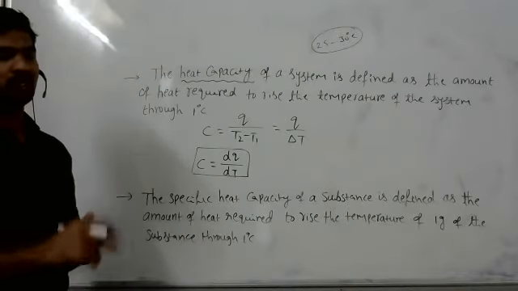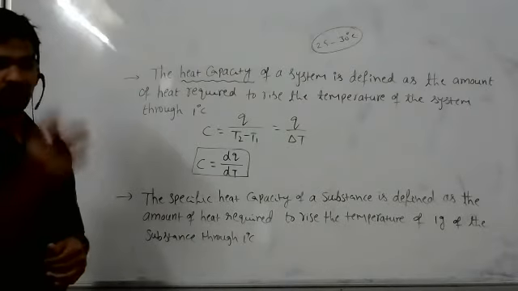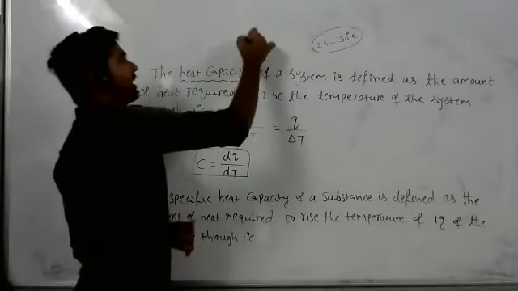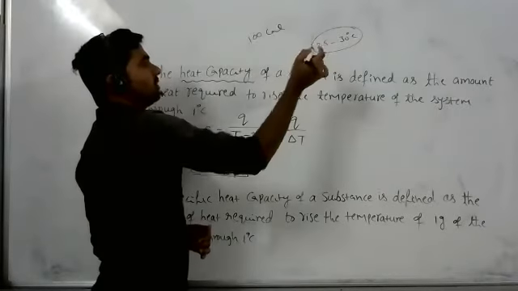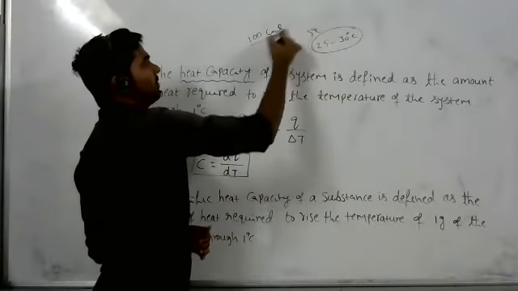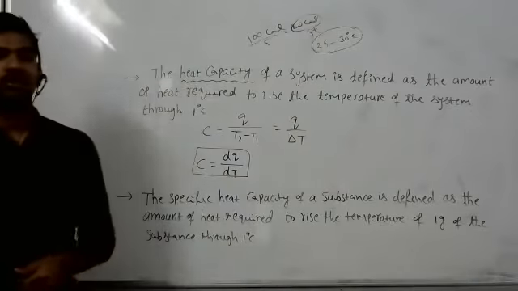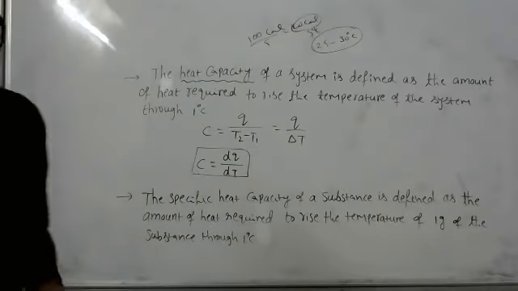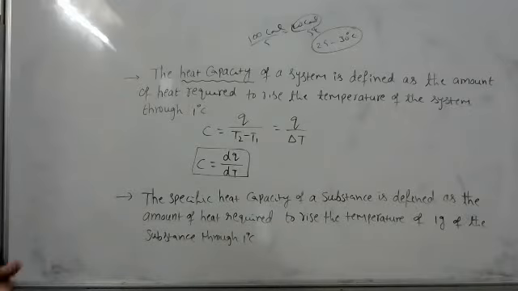So here 3 degrees centigrade is increased. Suppose total heat is 100 calories supplied from 25 to 30. Here total increase is 5 degrees. Divided by 5, you will get only 20 calories required to increase only 1 degree centigrade. Okay. So we have to find how much is required to increase 1 degree centigrade.